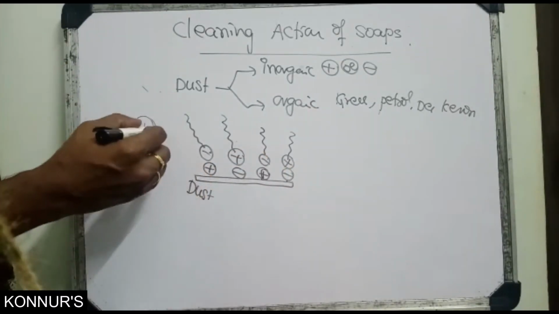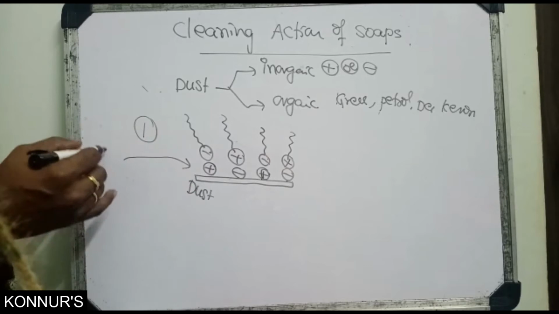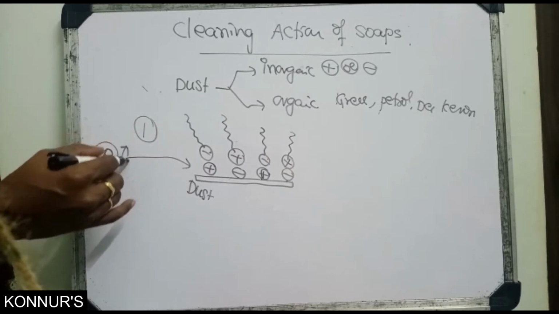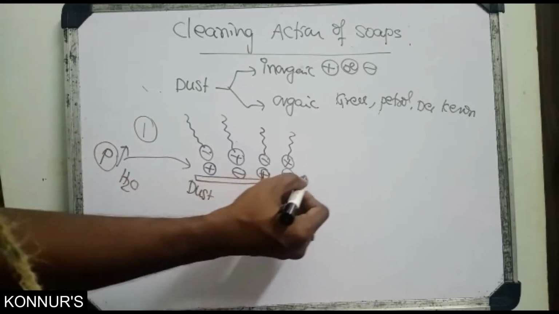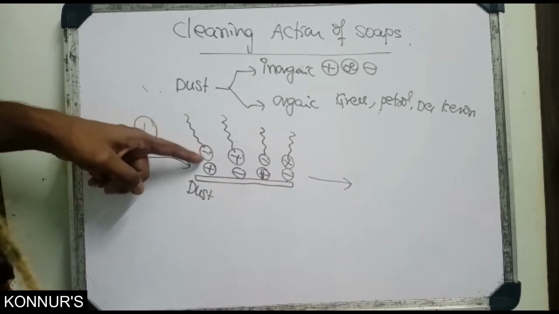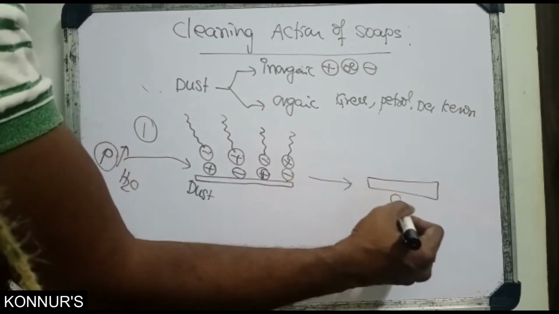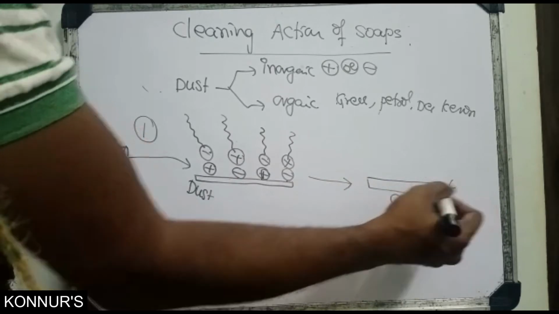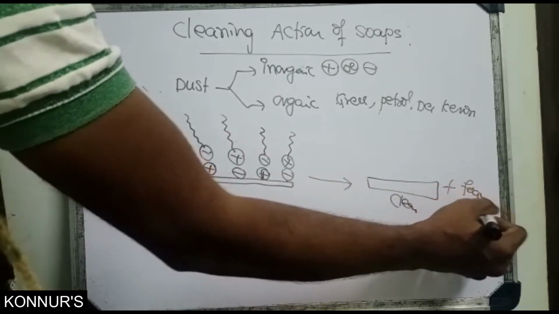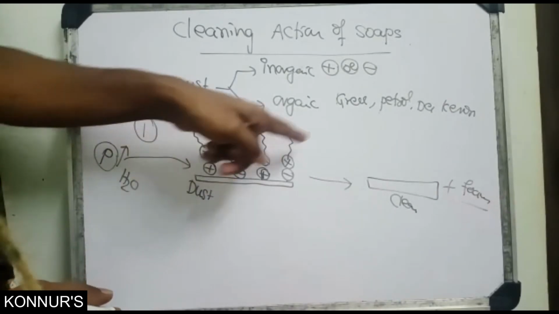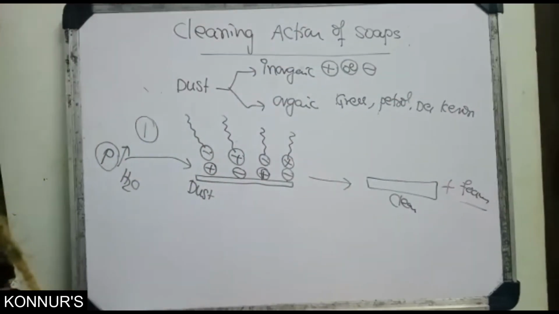Next, you push high pressurized water, so these neutralized particles are separated out. You will get a clean cloth. The foam goes outside, which means dust particles and soap particles go outside.